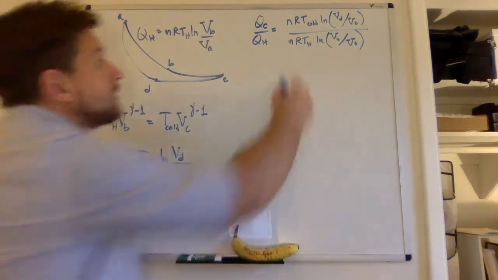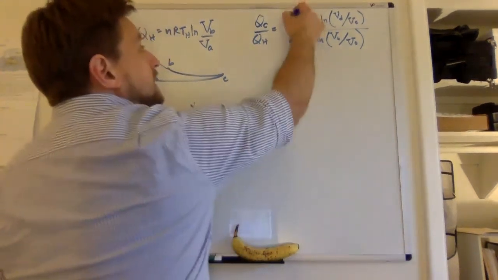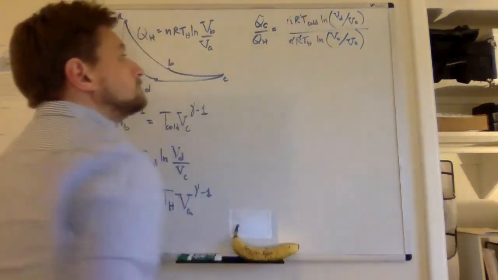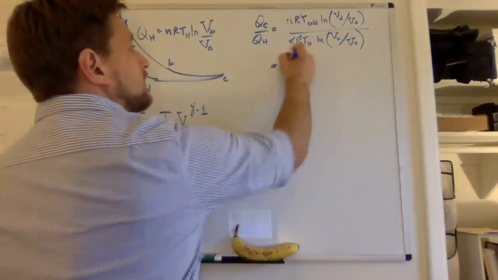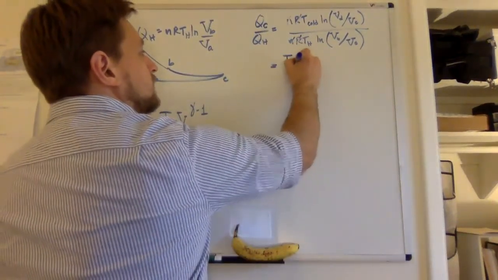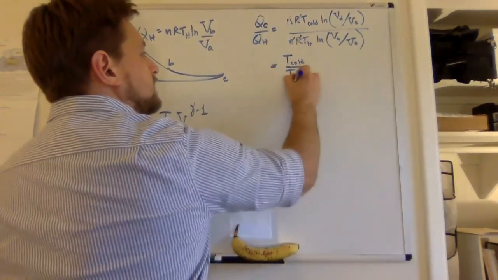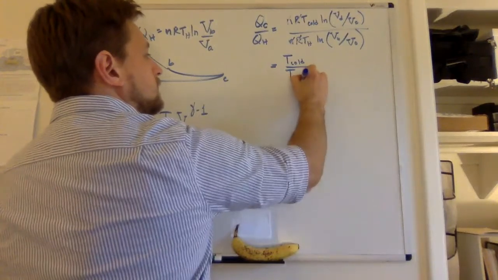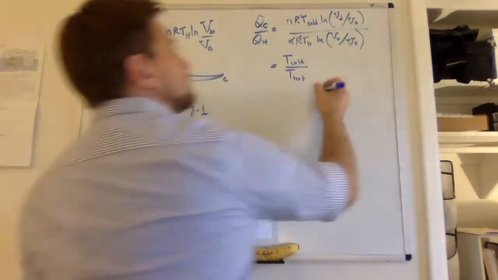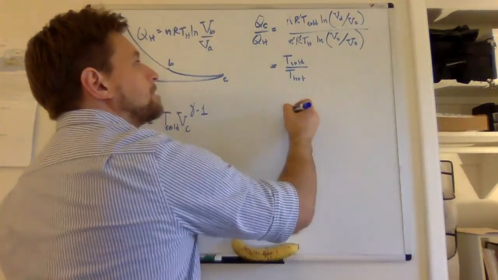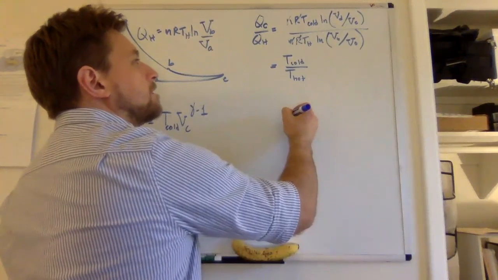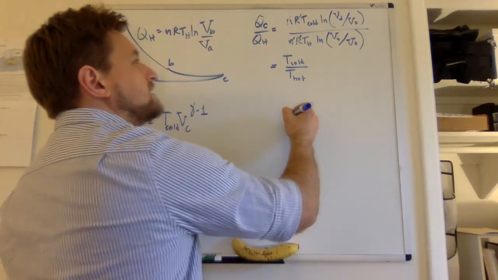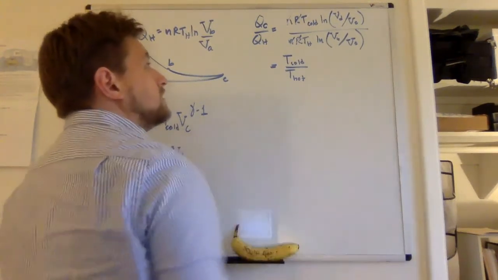All right. The n's, the R's, they cancel. And this is T cold over T hot. And this is the ratio of natural logs.